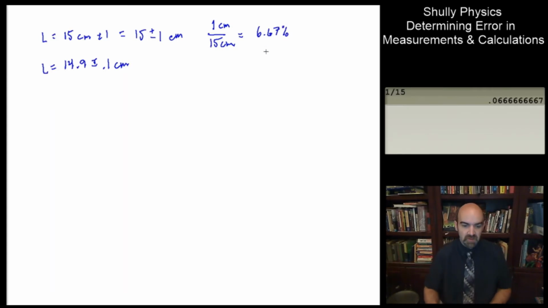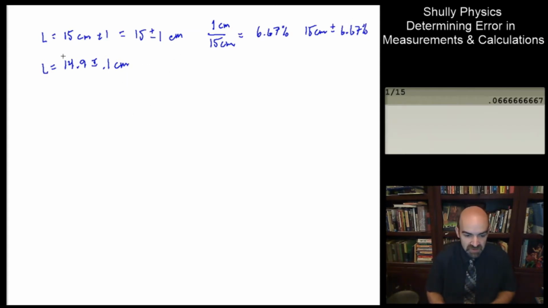So I could also say this is 15 centimeters plus or minus 6.67%. You might see that kind of percentage in a presidential election poll, if they're talking about percentage of voters voting for candidate 1 or candidate 2, that type of thing.